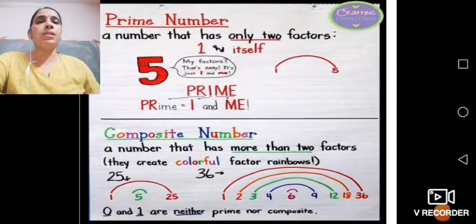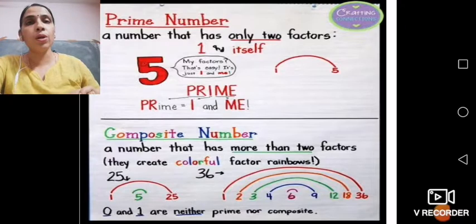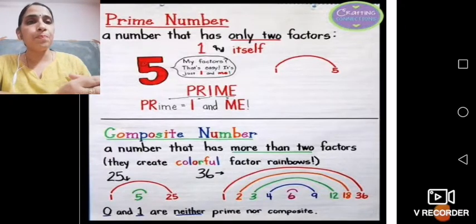Now one more thing, on the screen you can see 0 and 1 are neither prime nor composite. Now you can see on the screen 1, 2, 3, 4, 6, 9, these kinds of numbers have been written. Why have I written this?